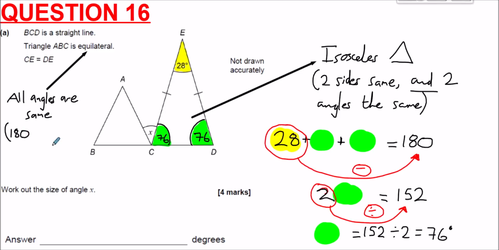So if all these 3 angles are the same, each angle, and hopefully you should really know this, but if not, this is how you can prove it, 180 divided by 3 gives us 60 degrees. So each one of these angles here is going to be 60 degrees. Because we're told it's an isosceles. No, sorry, an equilateral triangle.